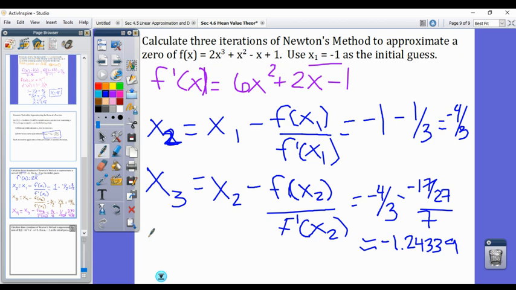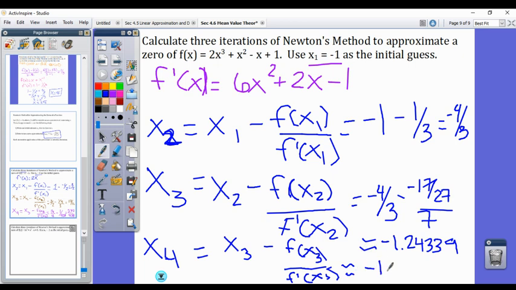So x sub 4. Okay, so this one, if you get it plugged in correctly, is that. All right.